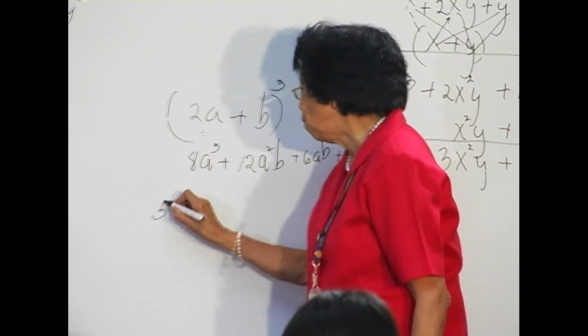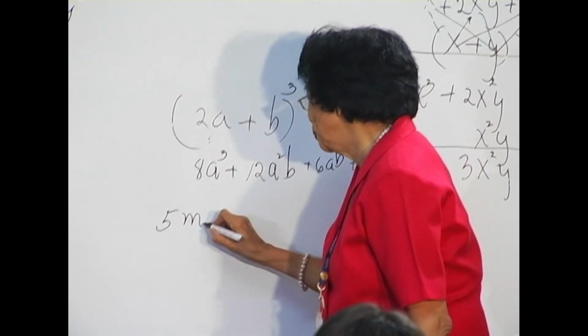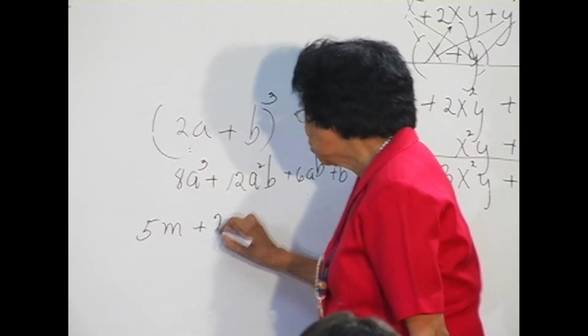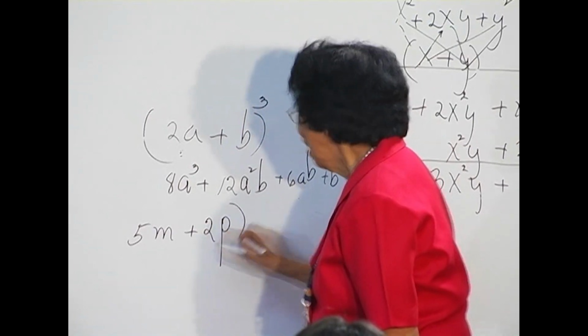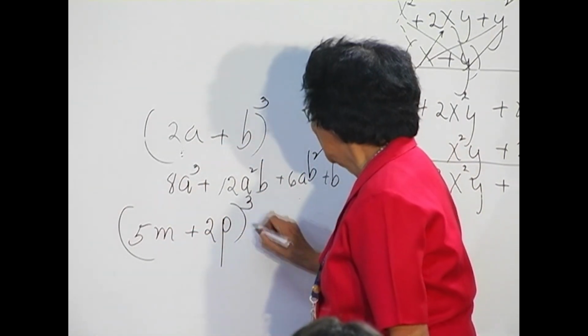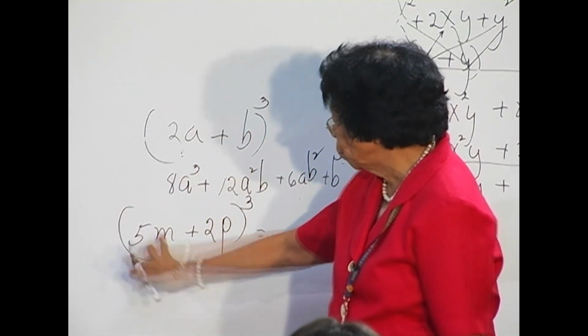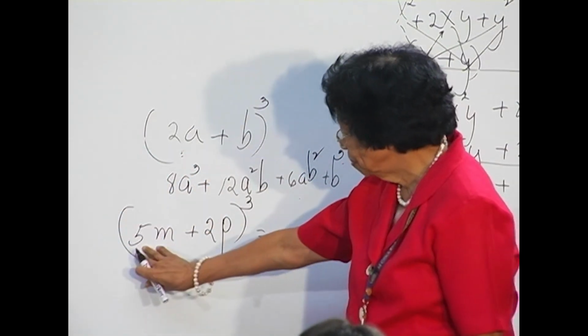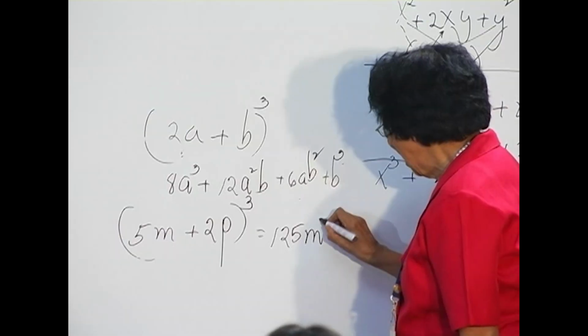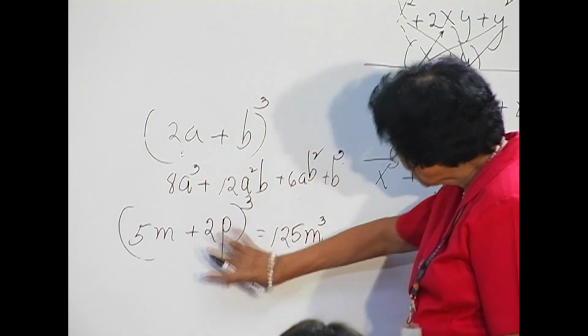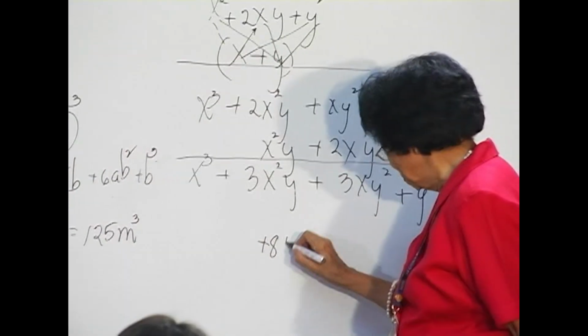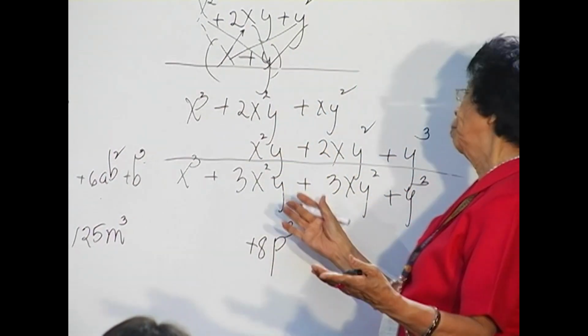Supposing I have 5m plus 2b, and I cube that. Right? The first one: 125m cubed. Alright. And 8b cubed. Yeah, let's put it far off. And then the middle.